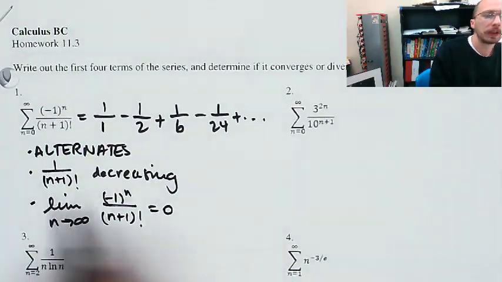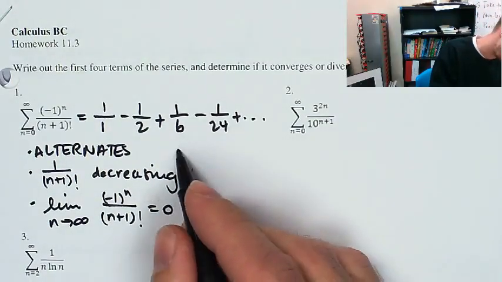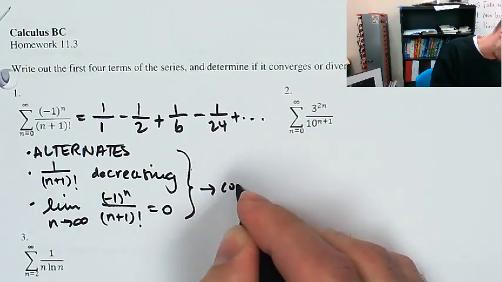With these conditions together, that gives you convergence by the alternating series test.